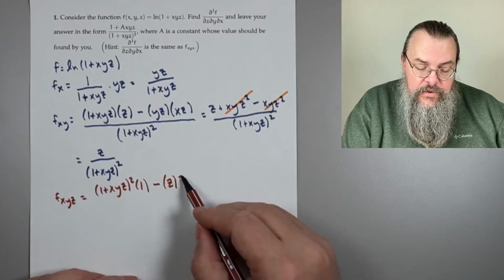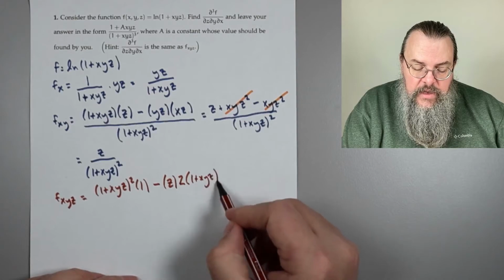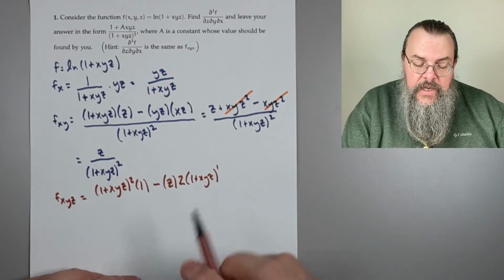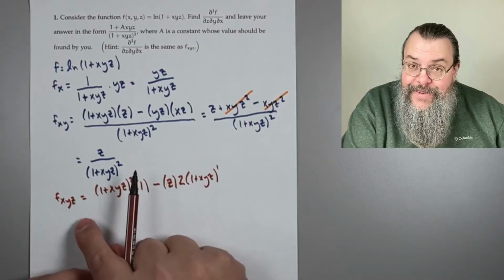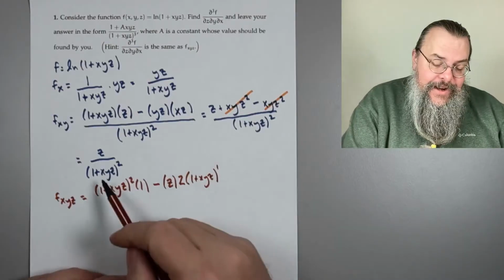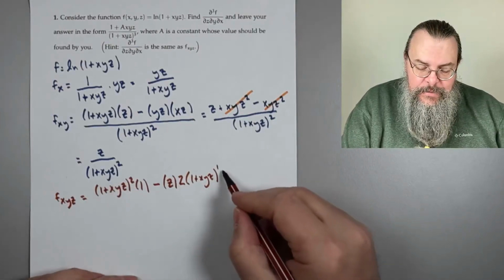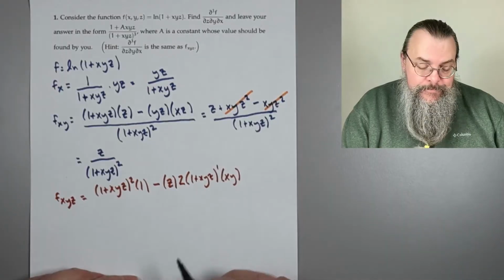So, okay, chain rule: 2, 1 plus xyz to the first power, times the derivative of 1 plus xyz with respect to z. Well, the derivative of 1 is 0, and then it's like constant z, and so we end up with just the constant there, which is the xy.